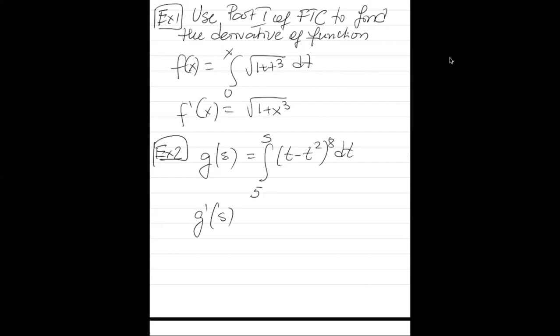The only difference is we start with 5 and not 0. It doesn't matter as long as the lower bound is a fixed number. So our derivative here is still going to be, in terms of s, s minus s squared to the 8th power. Note that g of t is t minus t squared to the 8th power, and when we write g prime of s, we write g in terms of s.